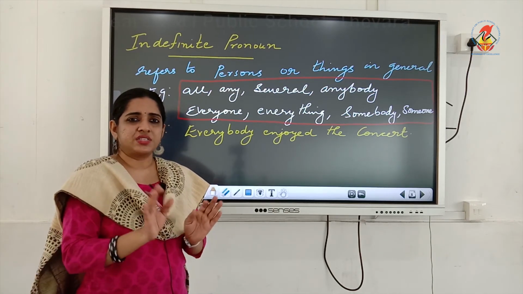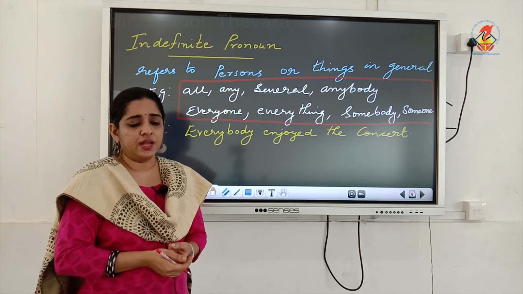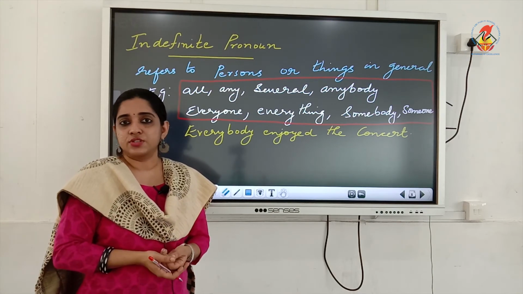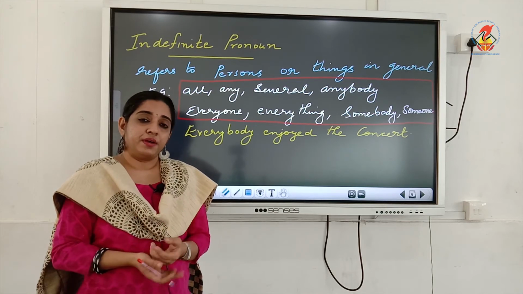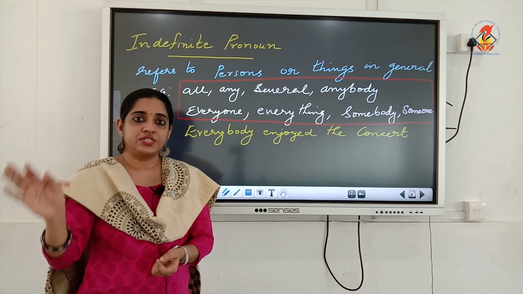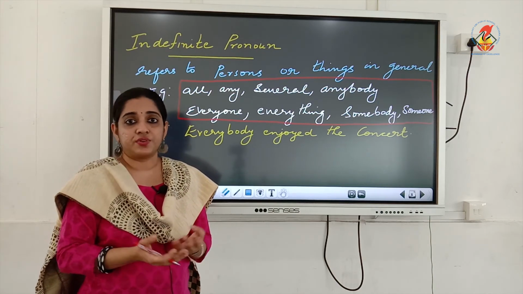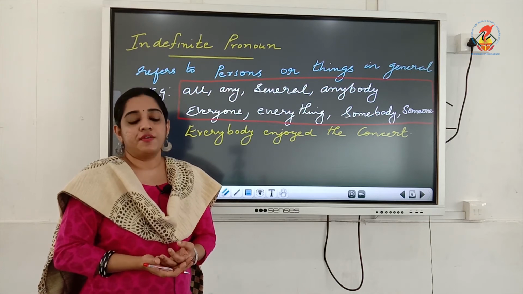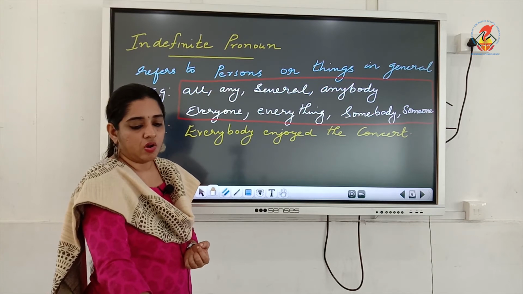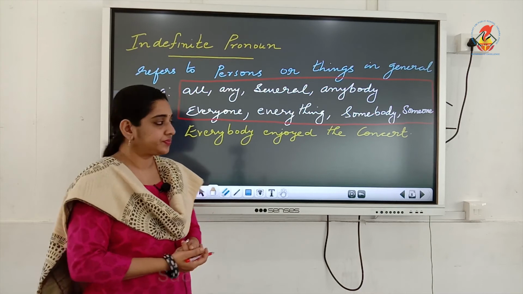Indefinite means you are not particularizing anybody or showing any person in particular. In the class also we used to say, teachers, everybody should do your homework. That everybody means all students, is it? So you use that particular pronoun in order to generalize. Everybody, anybody, all, any, and several are other indefinite pronouns.